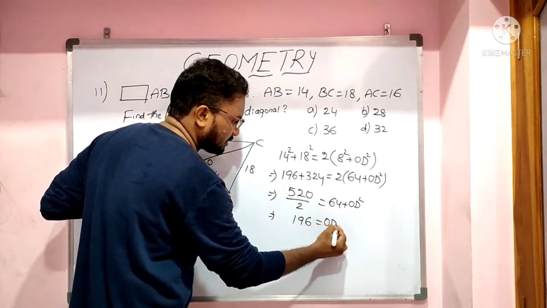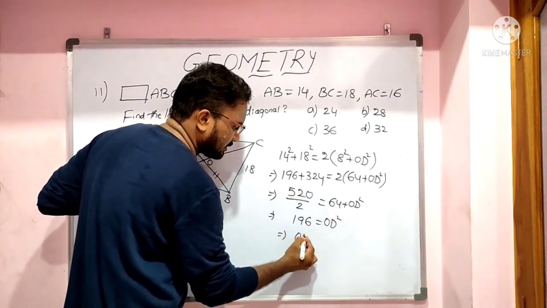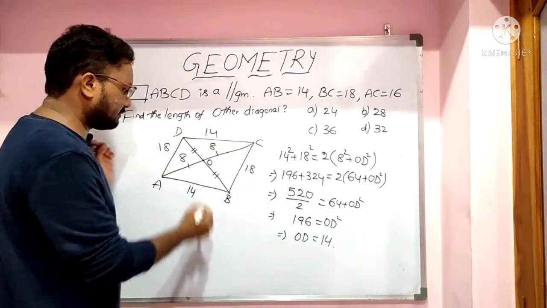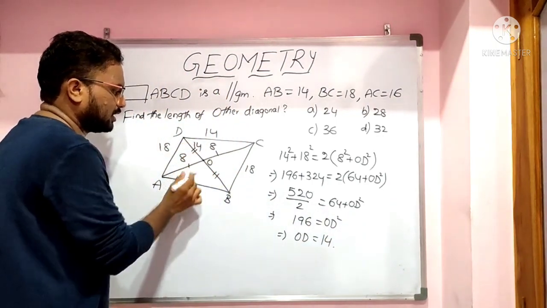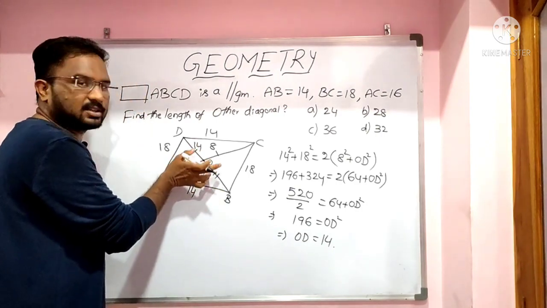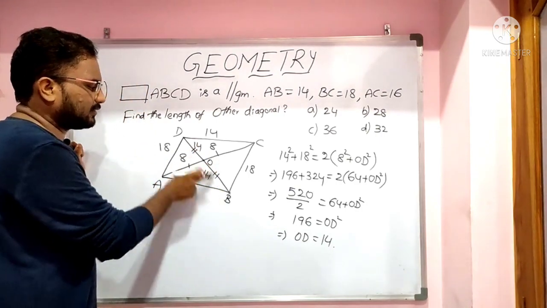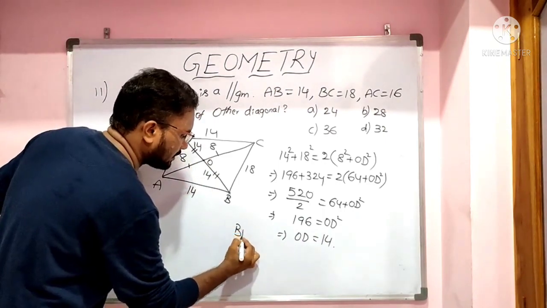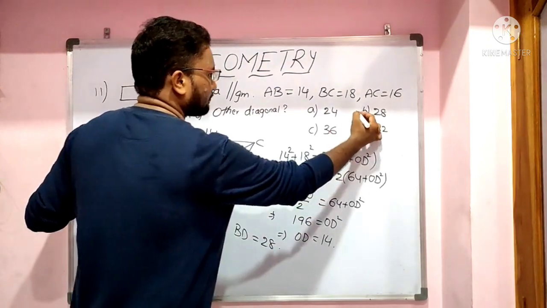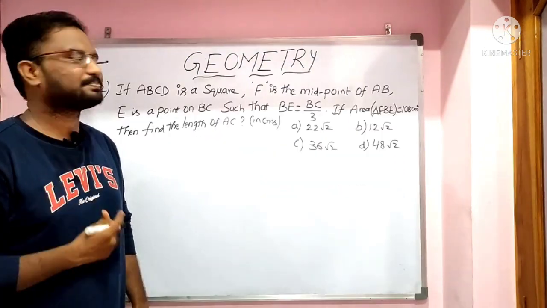That equals OD square, so OD value is 14. If this is 14, then this will also be 14 because diagonals bisect each other. So the total length of the other diagonal BD equals 14 plus 14. Answer: 28. Next problem.